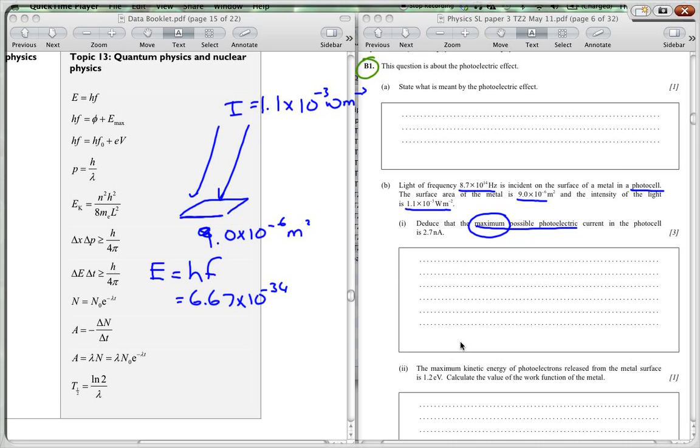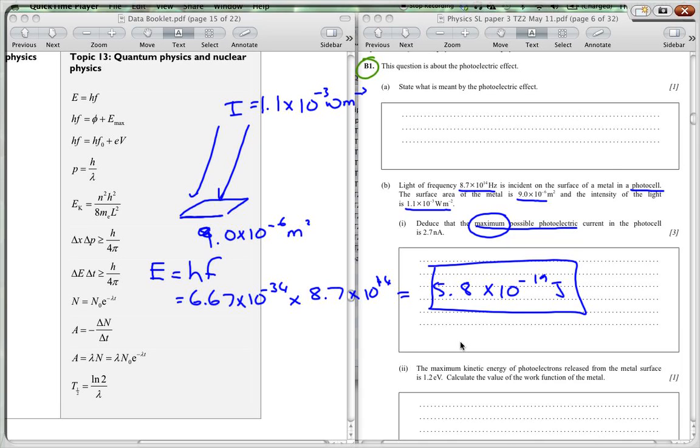It's found with all the other constants, times 8.7 times 10 to the 14. And that's going to give us a total energy per photon of 5.8 times 10 to the negative 19 joules. So each photon has that amount of energy.